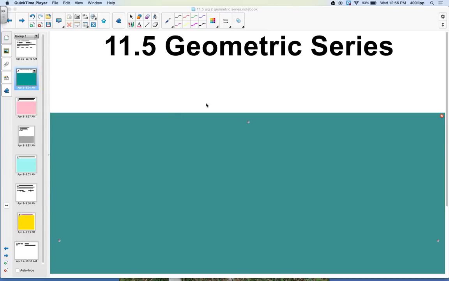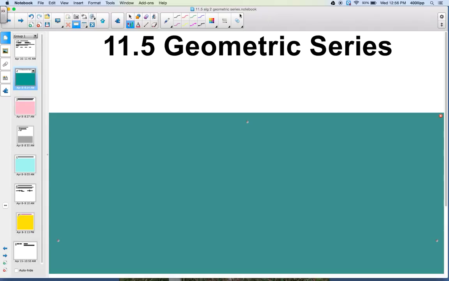Okay, today we're going over 11.5 geometric series. So we should know that by now, if we're dealing with a geometric sequence, we know we're multiplying to get to the next term of the sequence.